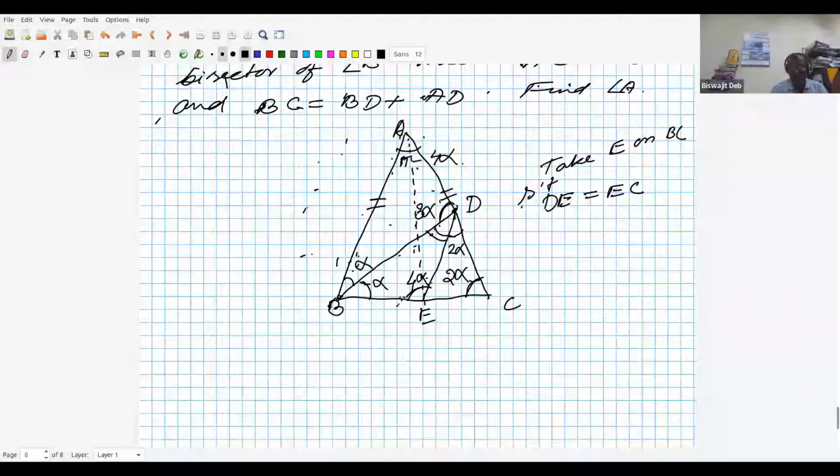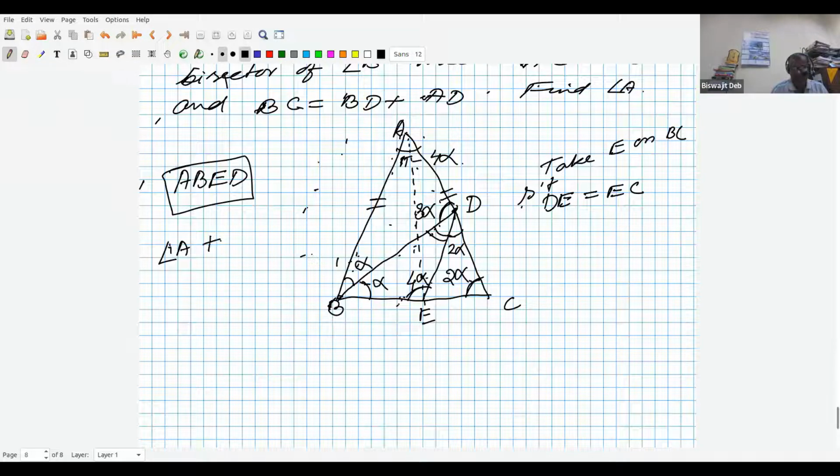So what do we get in this quadrilateral ABED? Angle A plus angle E is equal to 180 degrees. Okay, and this means what?